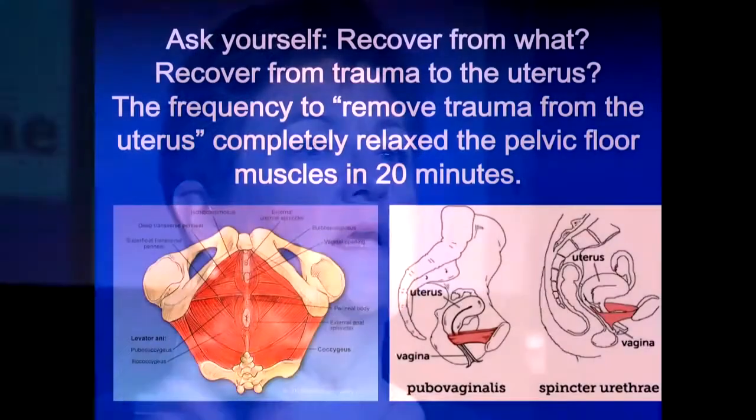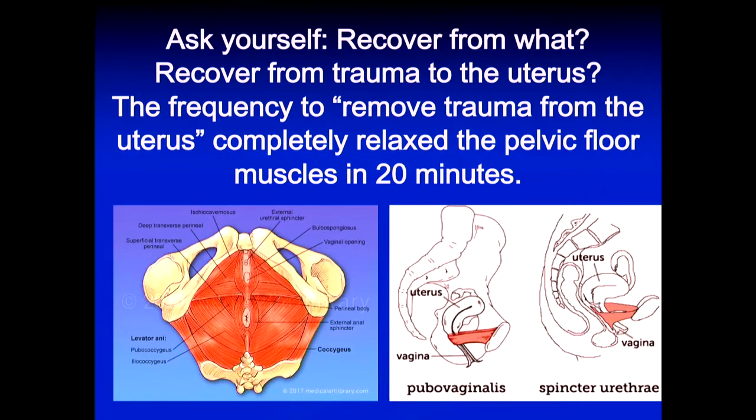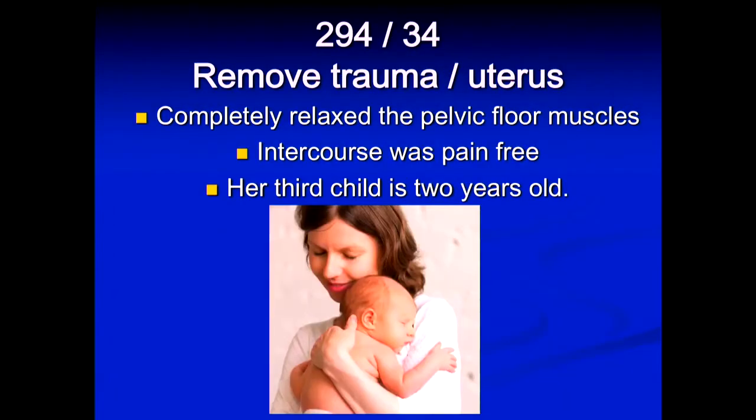So as part of just following the alphabet, following the rule, the frequency to remove trauma from the uterus completely relaxed all of the pelvic floor muscles in 20 minutes. That one frequency ran 20 minutes, and all of the pain was gone. I ran through the other ones just to be complete.